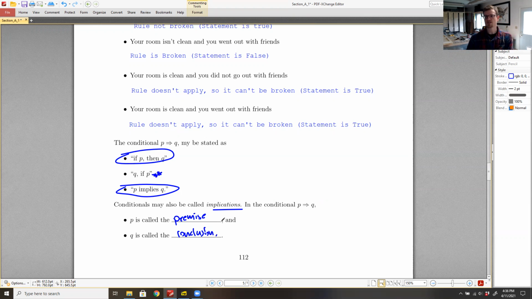Those things aren't necessarily important themselves, but as we begin our discussion on proof writing in section 3, we'll talk about premise and conclusion a bit more. So it is something that we do want to know, but it's not a huge focus in this particular section.